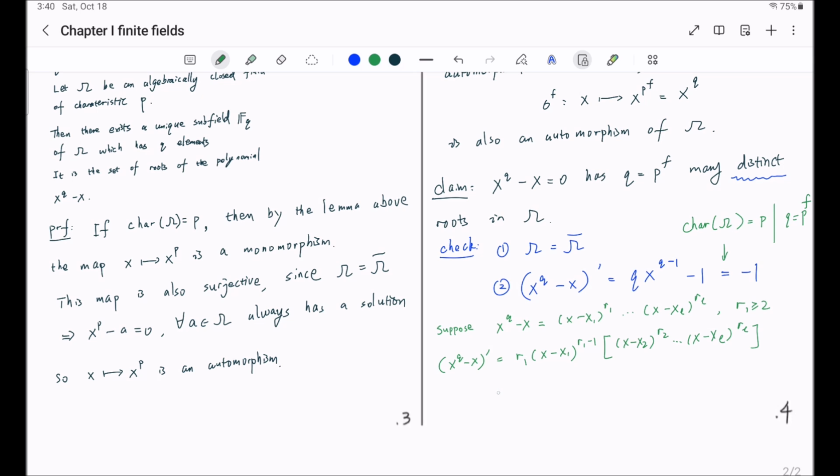And the second part is x minus x1 to the r1 times the derivative of the rest. If we factor out a linear factor x minus x1, we see that this is a polynomial x minus x1 times another polynomial.